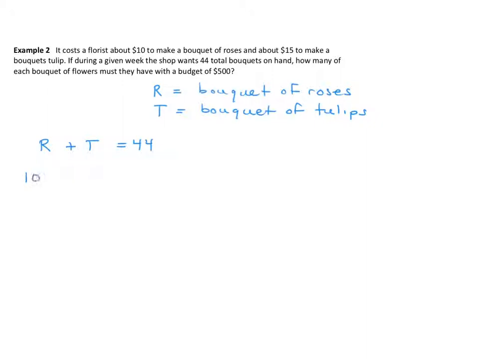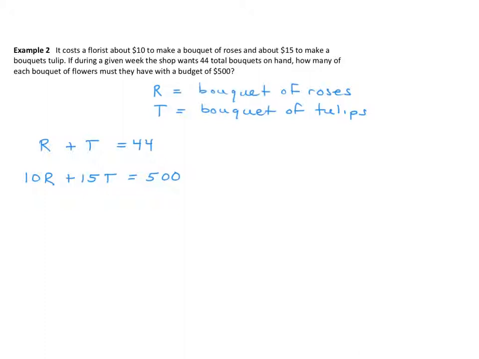So $10 times R is the amount they're spending on the roses. Similarly, it is 15 times T that they're spending on the tulips. And at the very end, they only have $500, so the sum of those two dollar amounts should equal 500 exactly.